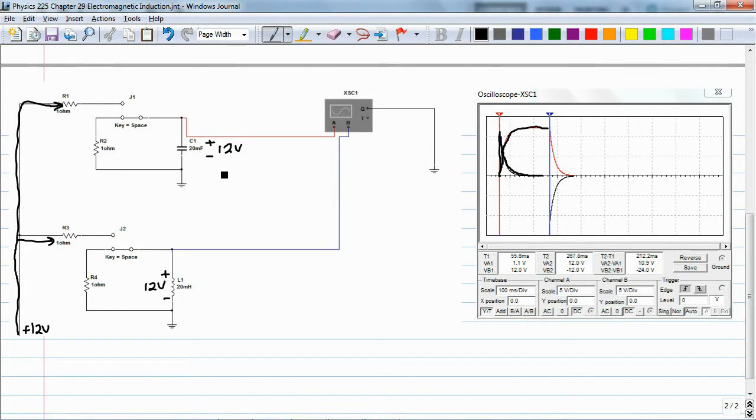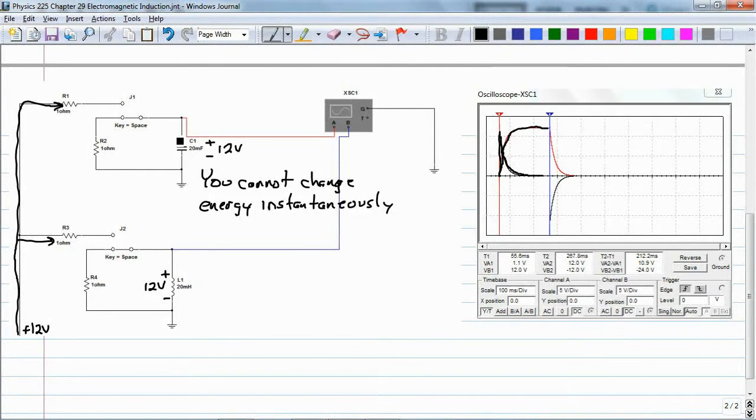You cannot change energy instantaneously. It's impossible. Can't do it.